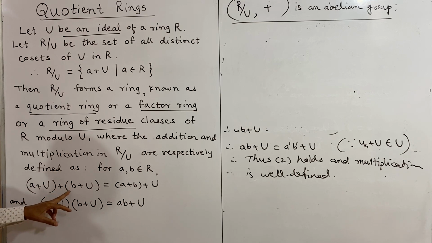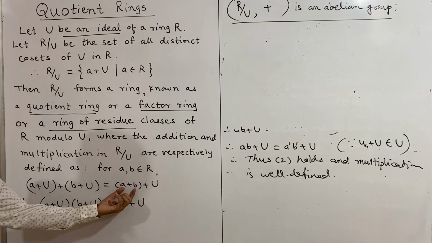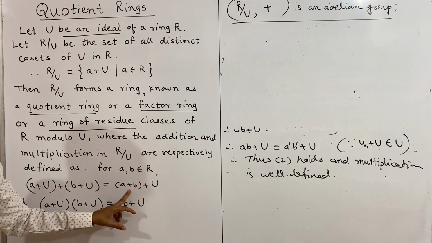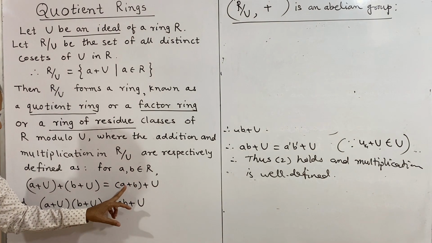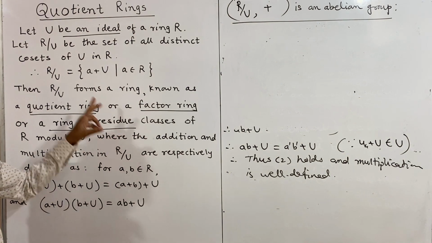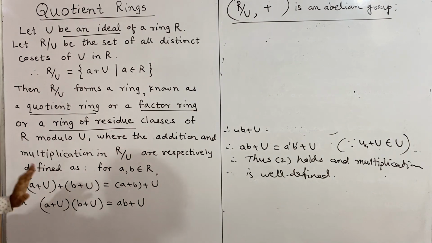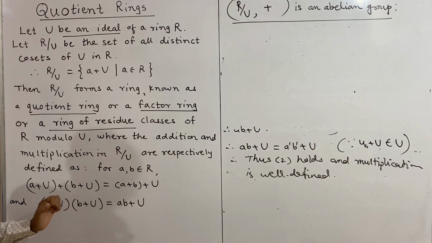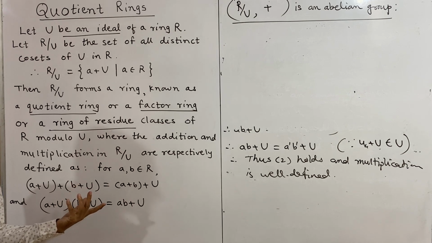Now you see, closure is easily verified. Two elements of R by U are A plus U and B plus U, and their addition is A plus B plus U. As A, B are in R, A plus B is also an element in R, and therefore A plus B plus U is an element of R by U, and therefore the closure property is satisfied. Similarly, the addition is commutative, that is easily checked.